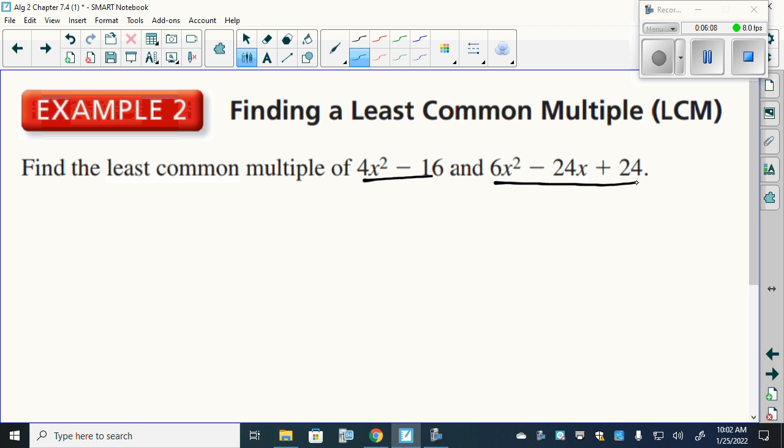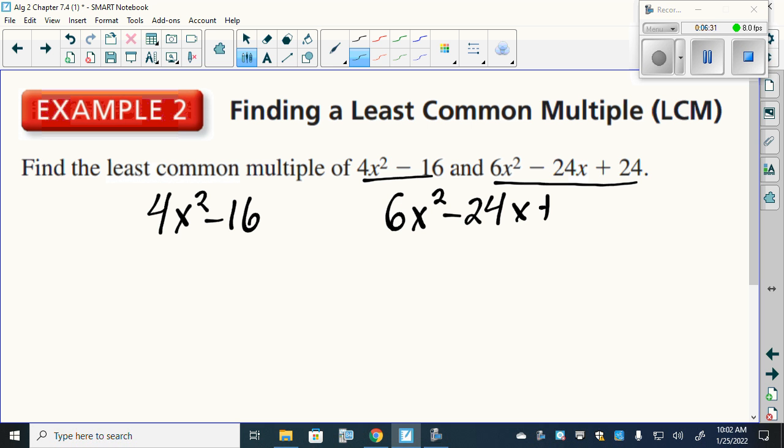Essentially what we do with any of these is grab all the factors of each, factor them, and take the most that each one has out of both, and that will be our least common multiple. So what we'll do for this here, 4x squared minus 16, and 6x squared minus 24x plus 24.